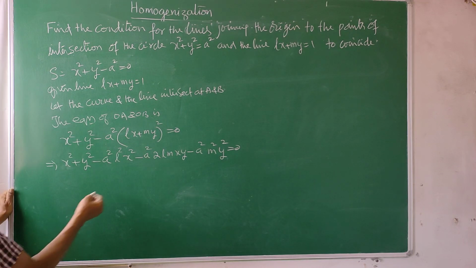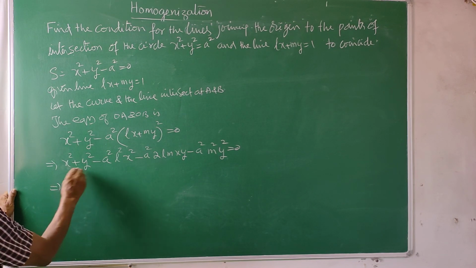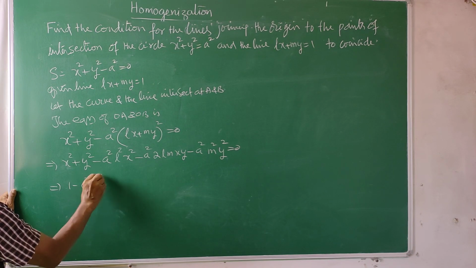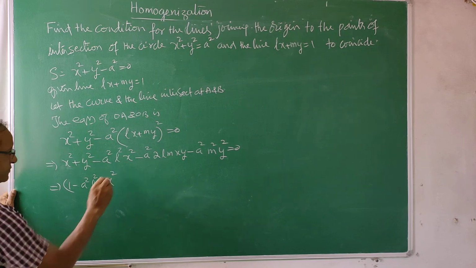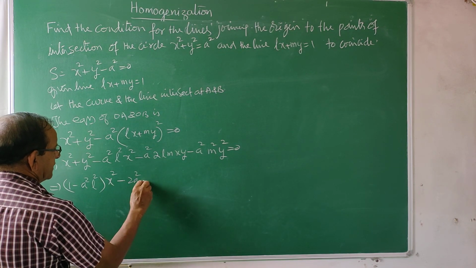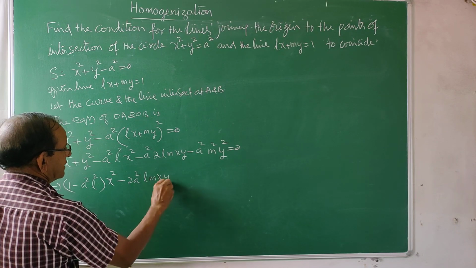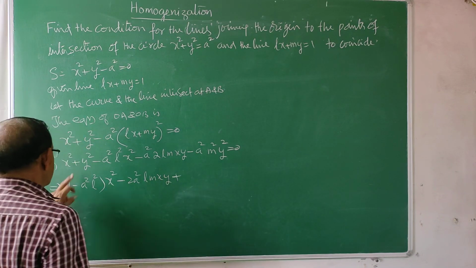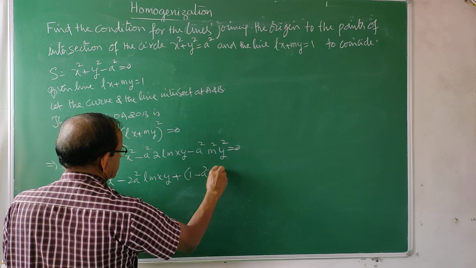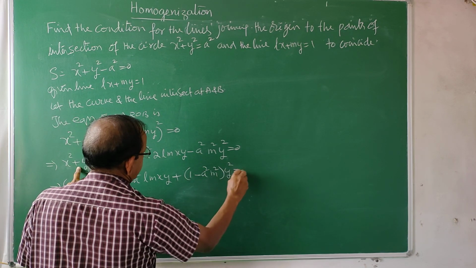Now write x square terms first. X square and a square L square x square, that is 1 minus a square L square into x square minus 2a square Lm xy. Now y square terms, this is 1 minus a square m square into y square is equal to 0.